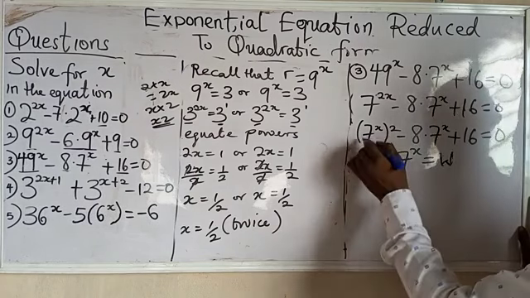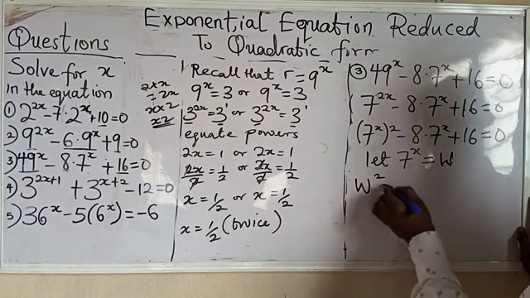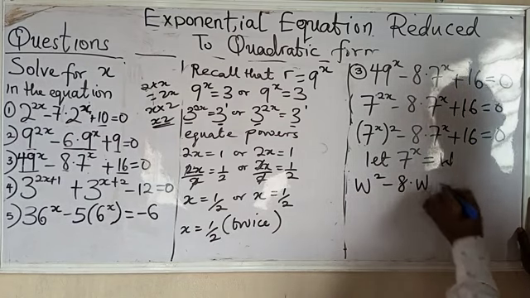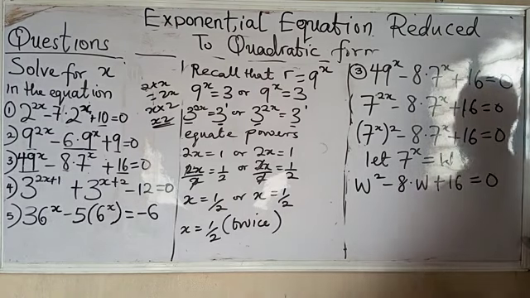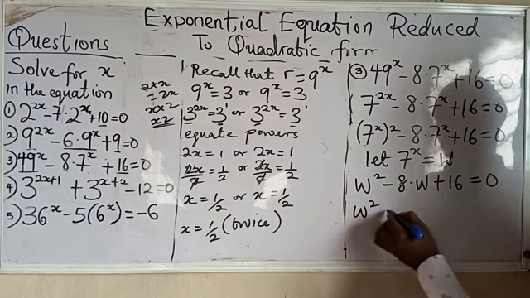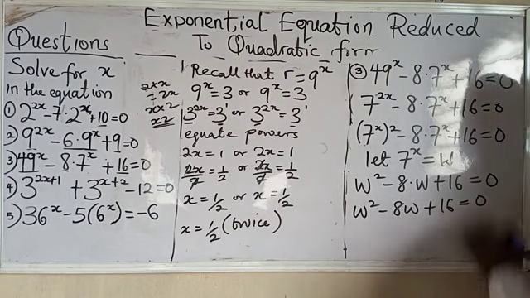So now it's going to be w squared minus 8w plus 16 equals to 0.